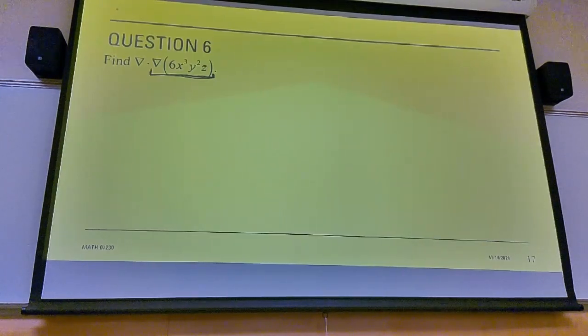A vector field? So yes, this is defined. This is divergence of a gradient field. I would agree if that was del dot, then it definitely would not be defined. So what we have to find first is the gradient field.